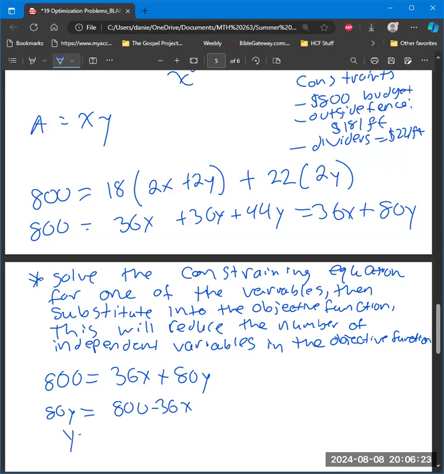And y equals 10 minus 36 over 80 x, which is 10 minus 18 over 40, 9 over 20, like that.